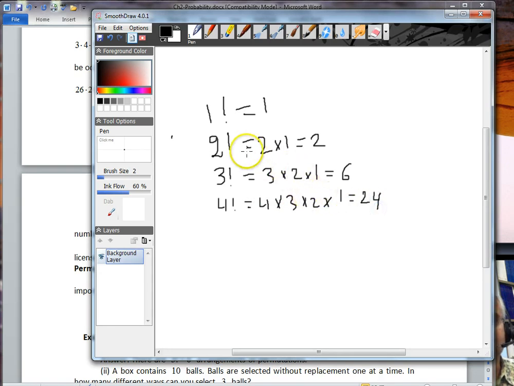And now you're probably asking the question, what is 0 factorial? 0 factorial by convention is 1. So keep that in mind, and then we know what factorial is.